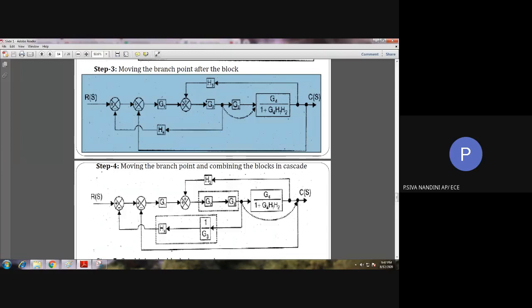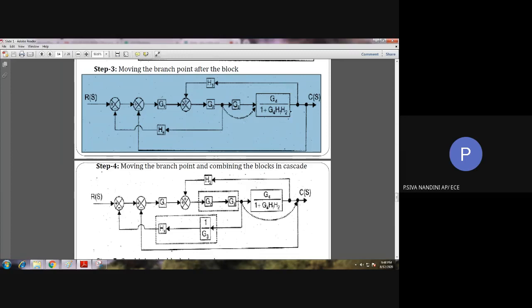Here we can also combine G2 and G3, but there is a branch point, so we can't combine G2 and G3. But G3 and G4 by 1 plus G4H2 don't have any branch point or summing point in between. So if you need to combine these two blocks, you can combine them.